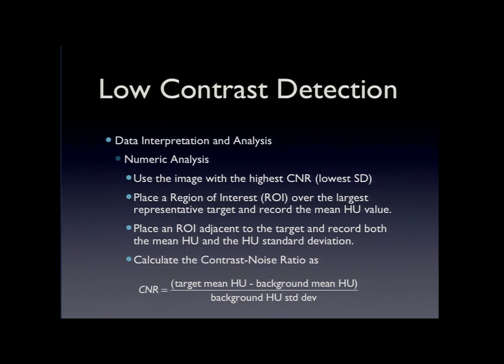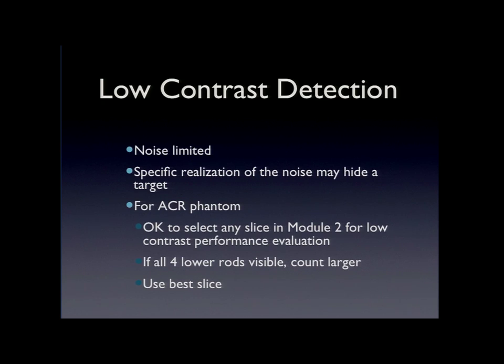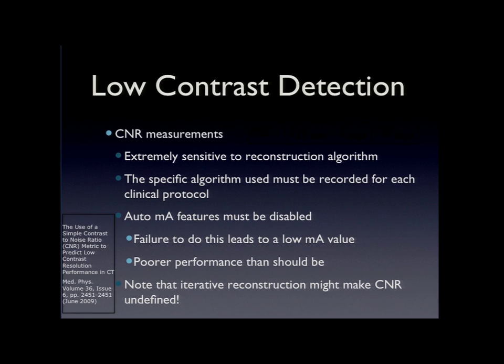CNR will be the difference between those two divided by the standard deviation. It is noise limited, and you want to use the best slice. It's really sensitive to the reconstruction algorithm. If you start using a bone or a high detail type recon, you're not going to get much of a CNR there.